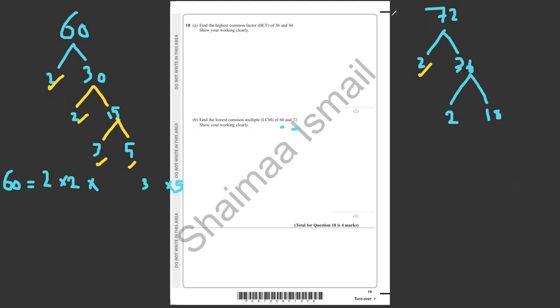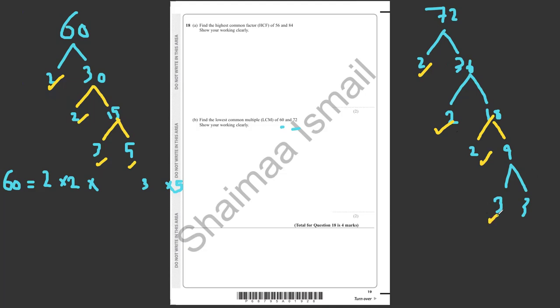Mark your prime, cut the non-prime. Here the 18 will be cut also into 2 and 9. Mark the prime, cut the non-prime. Okay, so here we have reached two prime numbers, and that's the end.